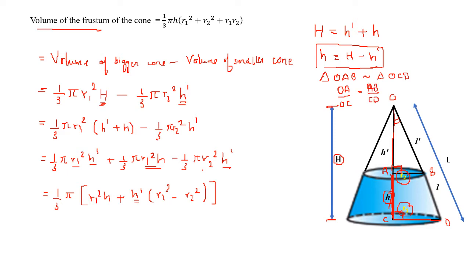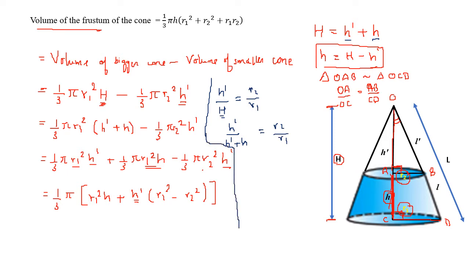Similarity. Now continue this analogy further. What will we get? OA is H prime, OC is capital H, AB is R2 and this is R1. So what is the capital H? It is H prime plus H. So H prime upon H prime plus H equal to R2 upon R1. Okay.